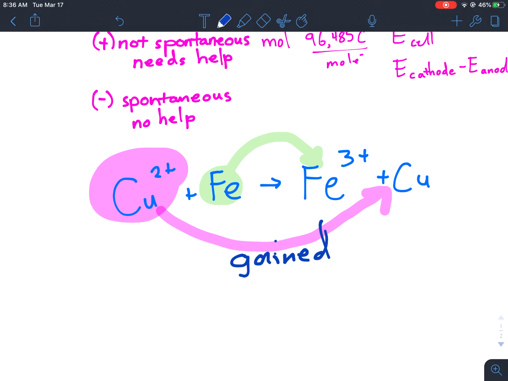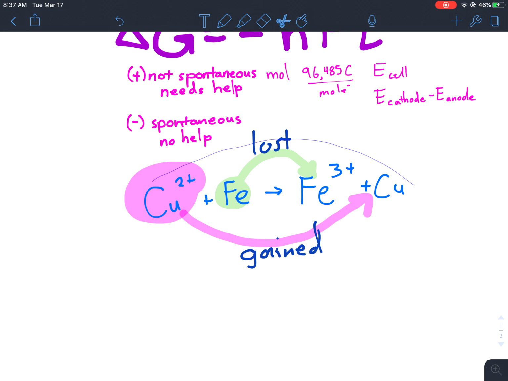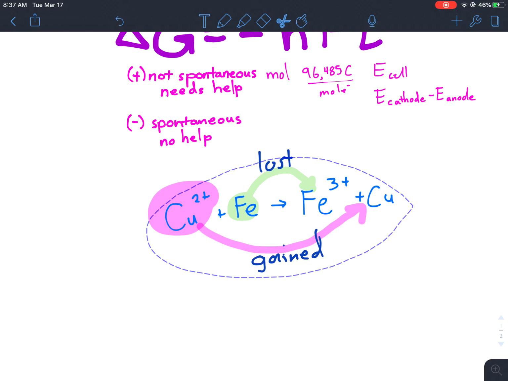Now, what did the Fe do? The Fe, on the other hand, had no charge and became positive. For it to become positive, it lost negativity, right? So it lost. Now, the phrase that you will learn, and some teachers say Leo goes grr, I say oil rig. And you know what?